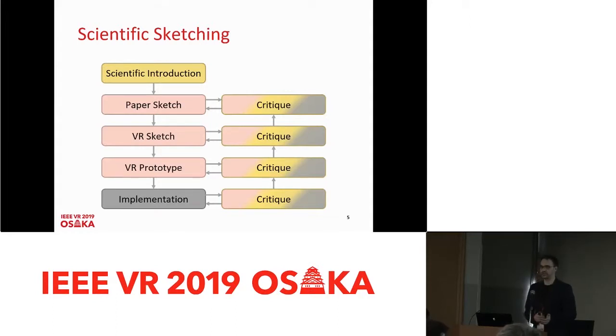So one important thing to note is scientific sketching uses this concept of the artistic critique. Those are discussion sections that are usually held at art schools, where artists help each other to evaluate the merit of an artwork in very candid discussion sections, but they give very concrete feedback.